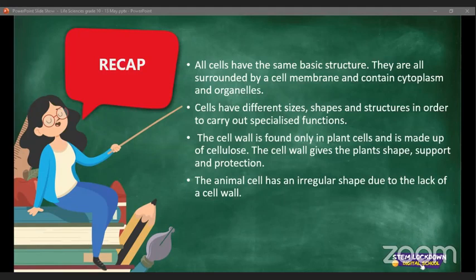So Gundo says plant cells have more of a fixed shape. So they have a regular shape as compared to animal cells. Animal cells do not have a regular shape, but rather an irregular shape because they do not have a cell wall. So Charles says, and human cells. Remember, human cells, humans are animals.